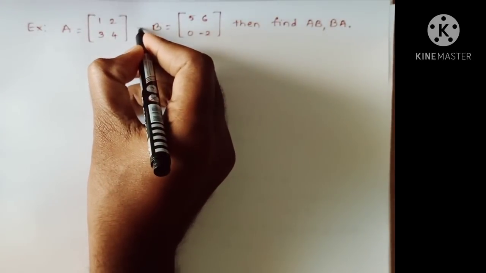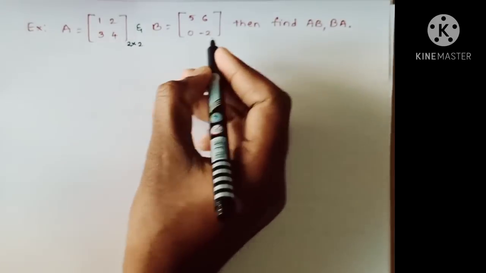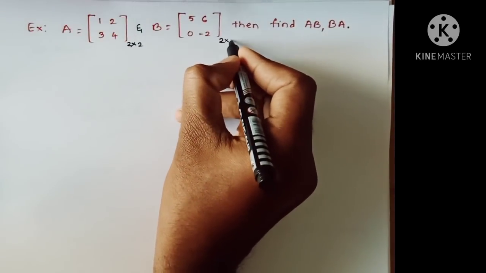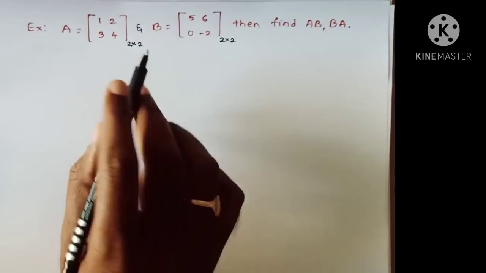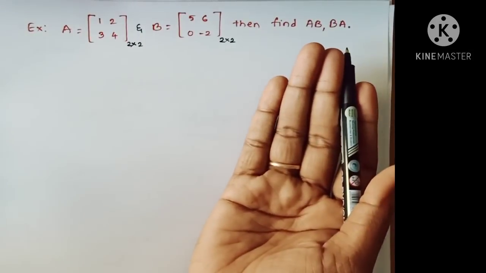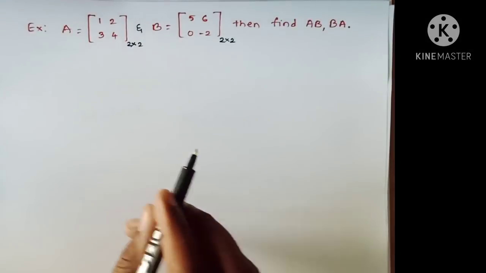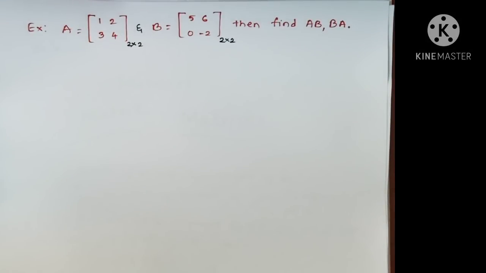Here two matrices A and B are given. A is a matrix of order 2 by 2 and B is a matrix of order 2 by 2. Therefore the matrix multiplication AB is conformable, and in a similar way BA. Both are square matrices. If A and B are square matrices, the matrix multiplication always exists.